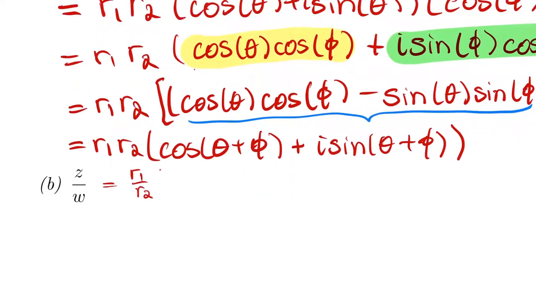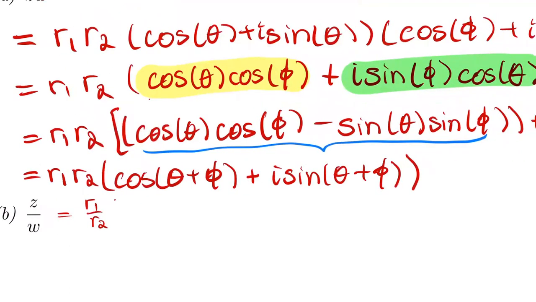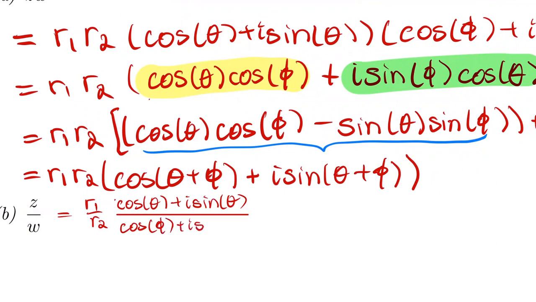And so Z here we know is going to be cos theta plus I sine theta. And we're dividing this by cos of phi plus I sine phi.